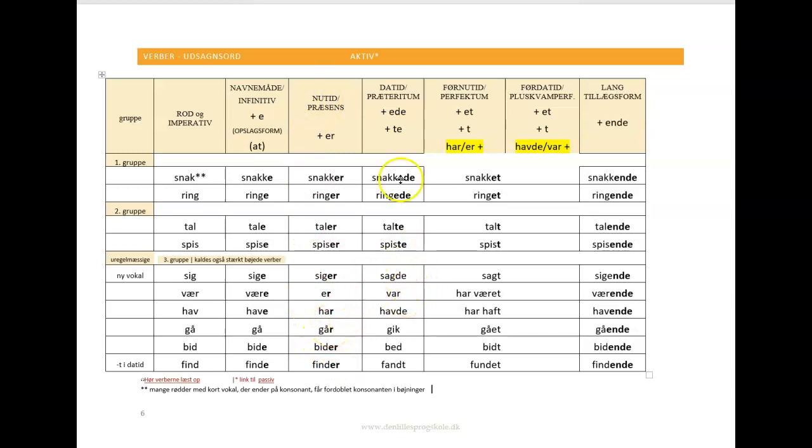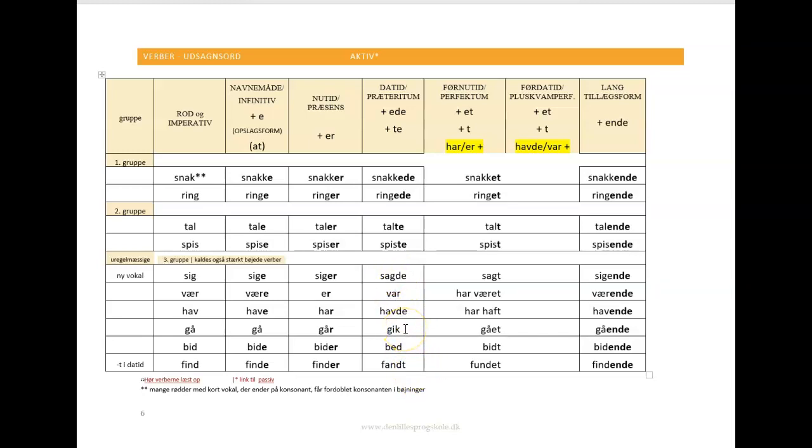So it's mainly in past tense and present perfect that they are very irregular. And the irregularities can be almost anything. Could be that they have a completely new stem, or that they don't add anything for past tense. So you have to learn these. So when you learn a new verb, you have to learn these.